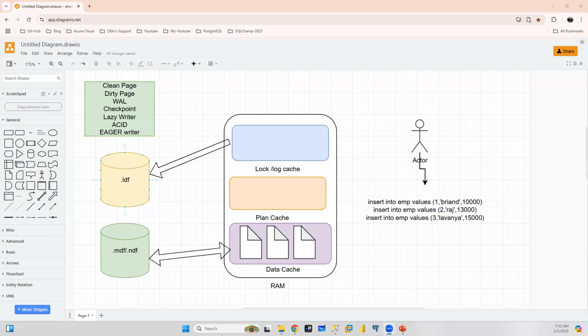We have different varieties of checkpoints. One is automatic checkpoint, which is instance level. One is indirect checkpoint, database level, and then manual checkpoint and internal checkpoint. As per best practices, we should not touch the automatic checkpoint. Let SQL Server estimate the changes made in the cache and let the checkpoint move the data from buffer to disk.